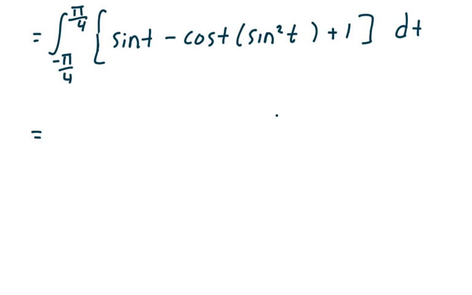So if I go through the integral, I get negative cosine t. So remember, I'm thinking of the function whose derivative is sine t.